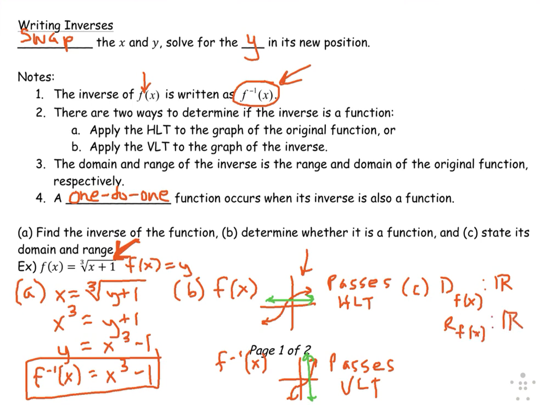Then define the domain and range of the inverse. You could just swap the domain and range of the original function. Since it's all the set of reals, it's not too difficult here.